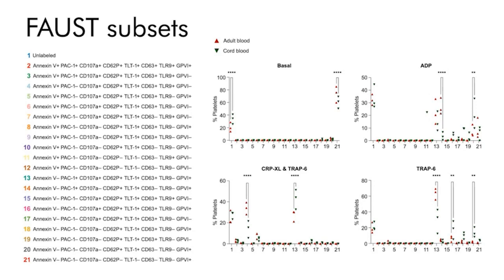But the remaining subsets were all labeled, and they are ordered by marker positivity, with annexin positive procoagulant platelets in rows 2 to 12 and annexin negative platelets in rows 13 to 21. And the graphs on the right side of this slide show significant differences in platelet phenotypes across all conditions. And we'll summarize these differences on the next slide.